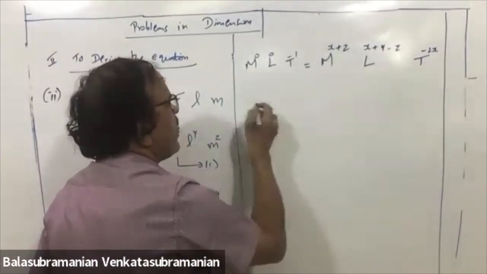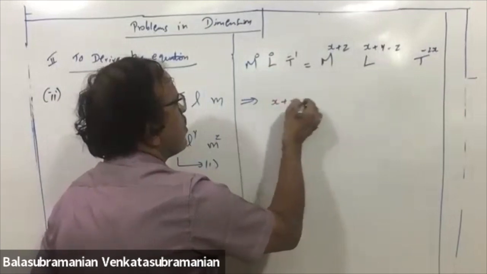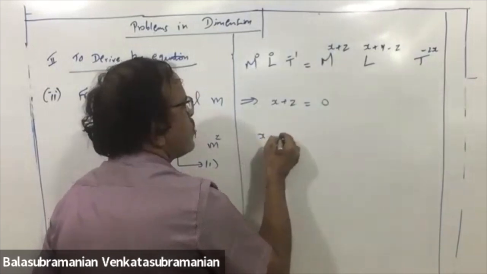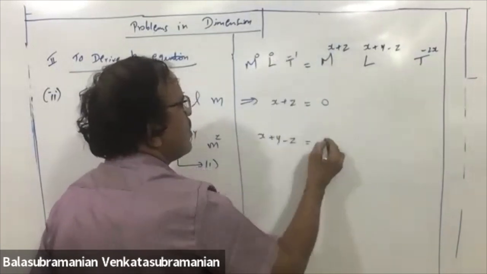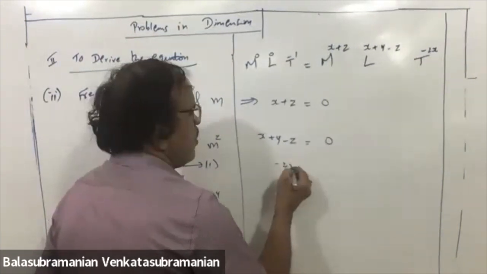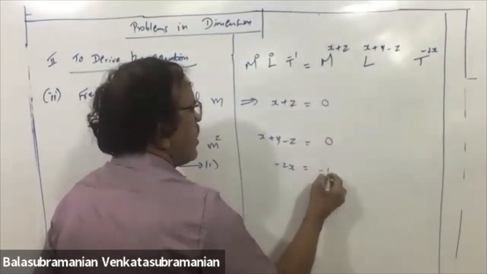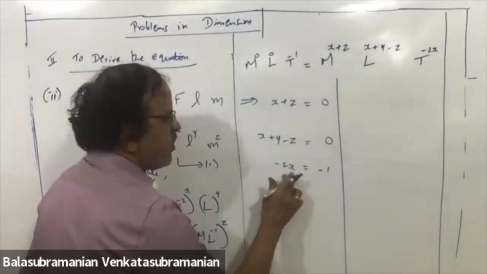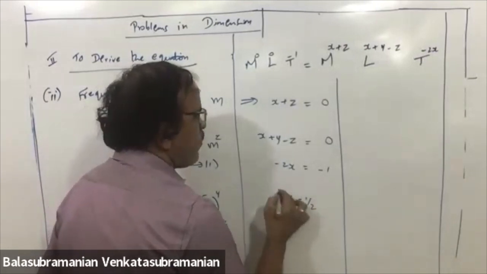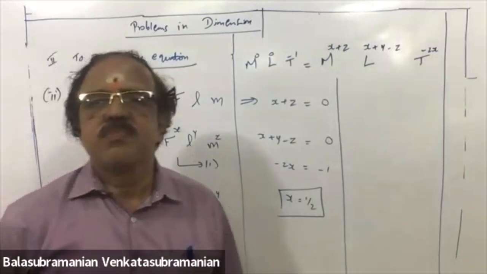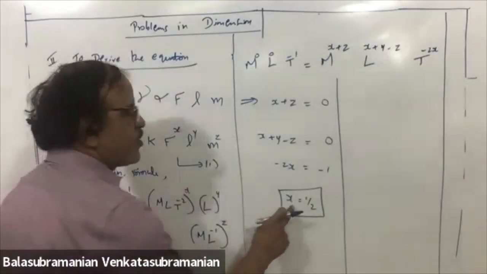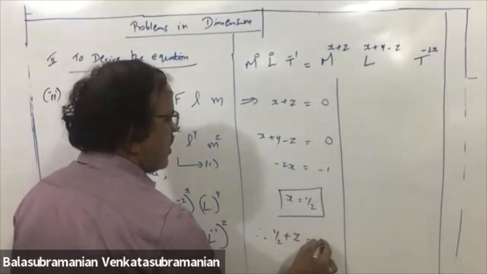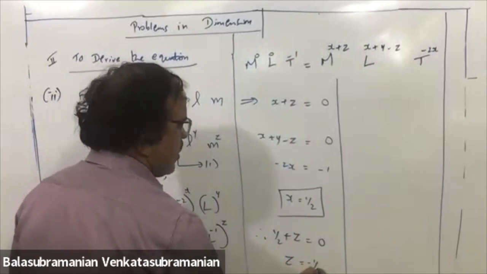Equating the powers, x plus z is 0. X plus y minus z is equal to 0. Minus 2x is equal to minus 1. So from this I can write x is equal to half. Substitute this value here. Therefore, half plus z is equal to 0. Z is equal to minus half.